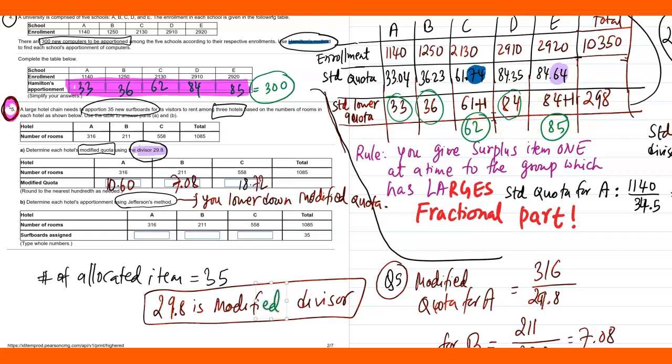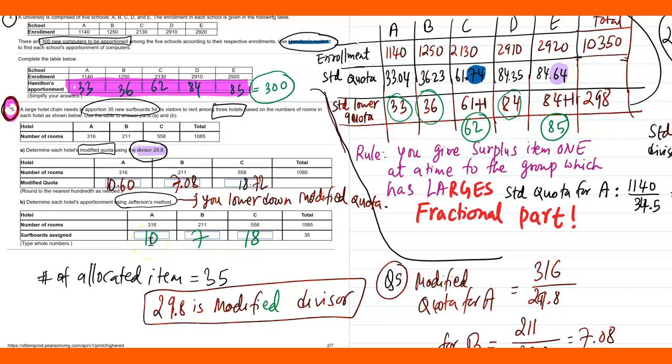Let's lower down. 10.60 is going to be 10, 7.08 is going to be 7, and 18.72 is going to be 18. Pretty much A got 10 surfboards, B got 7 surfboards, C got 18 surfboards.